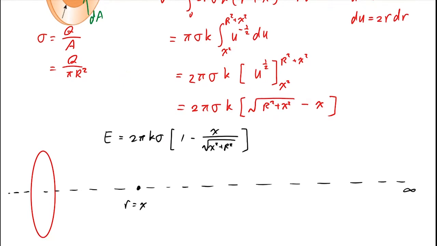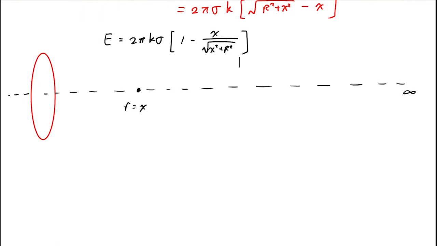Okay, let's do this. So first of all, your delta V, V at x minus V at infinity is what that means. The potential is always in terms of potential difference, but then we are referencing at infinity where this V is equal to 0.